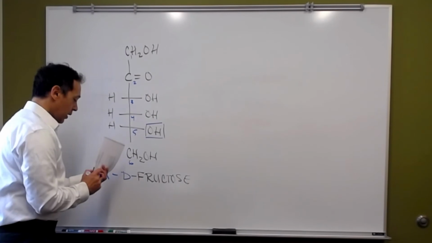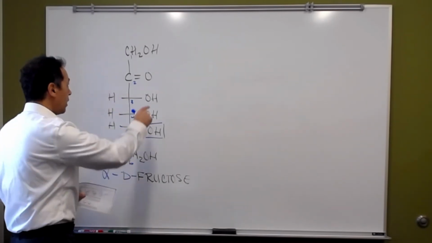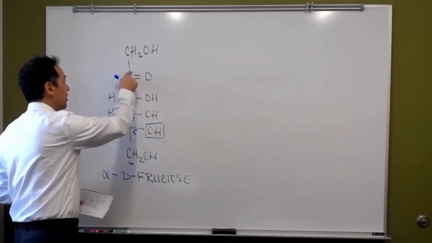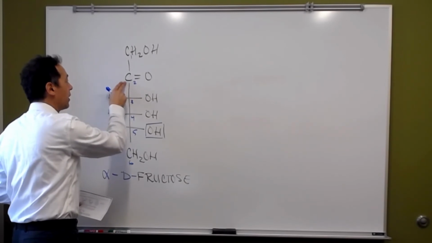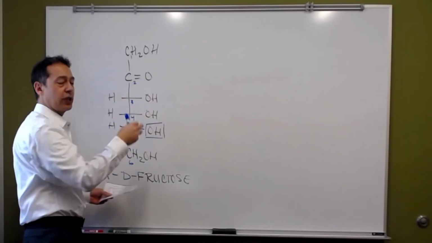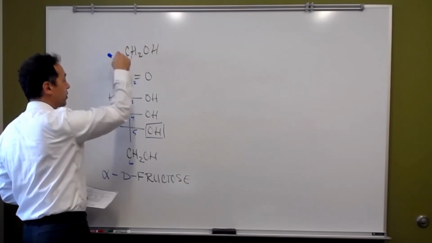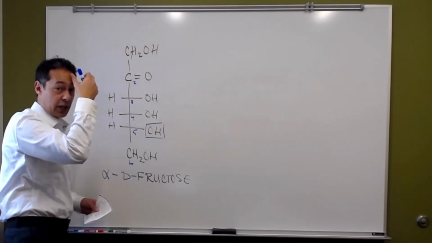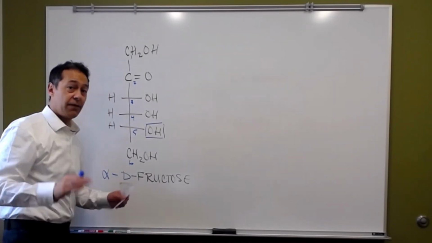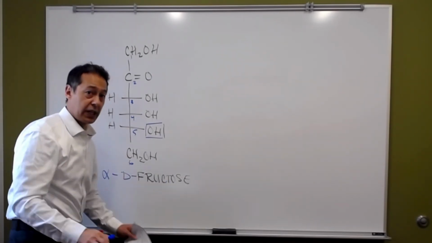Now on this one, we have the carbonyl group here instead of up here. Like the last one, which was an aldehyde up here, so the carbonyl was coming off of the first carbon, here it's coming off of the second carbon. And this is going to give us a 5-membered ring again.